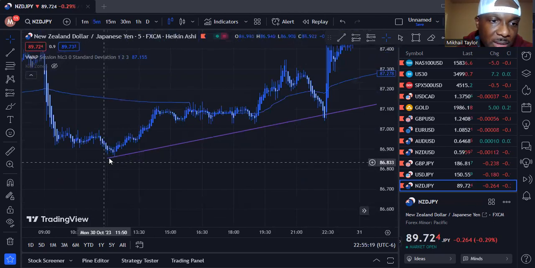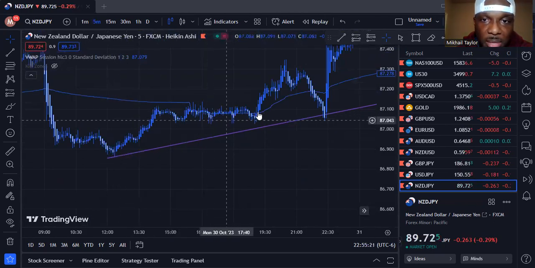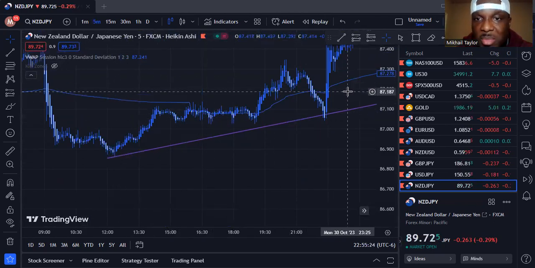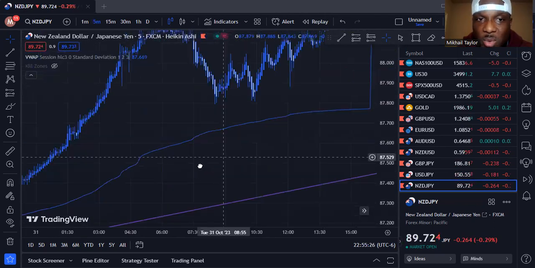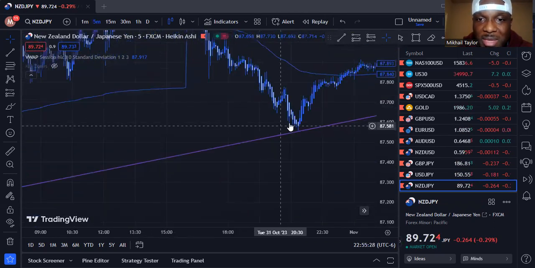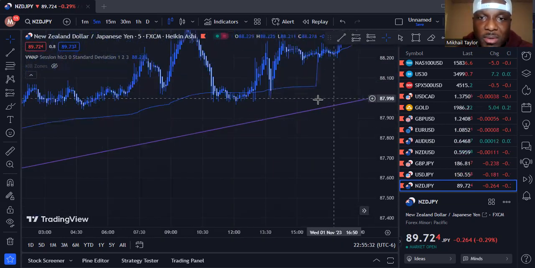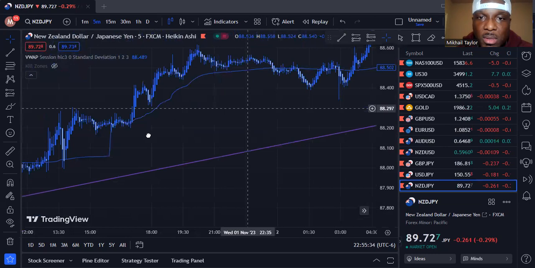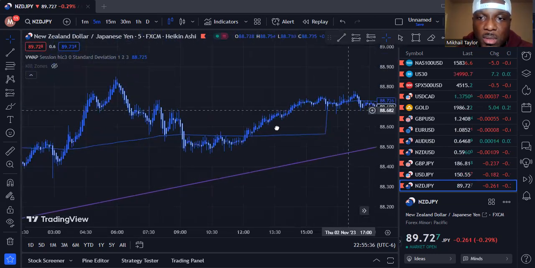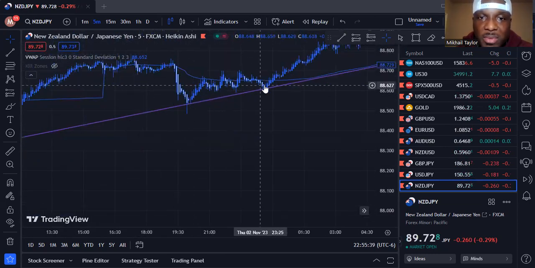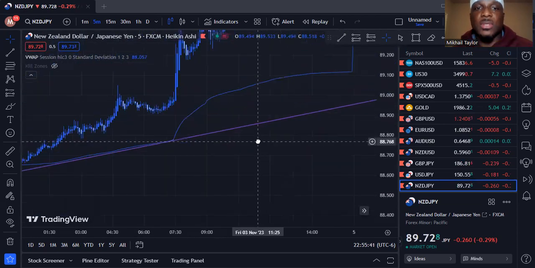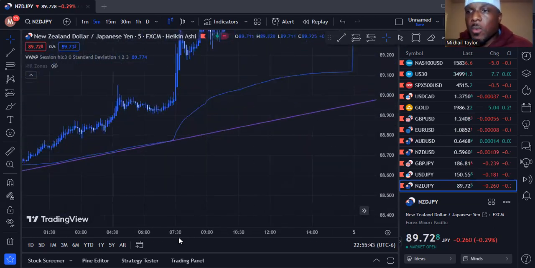We charted it out like bam, perfect, bam, bounced off of that line. You could see even on the 5 minute, it makes sense. It respected it, bam, bounced off to there. Bam, bounced off of there, bam. And then you could see it's kind of respecting it the whole way through, right?